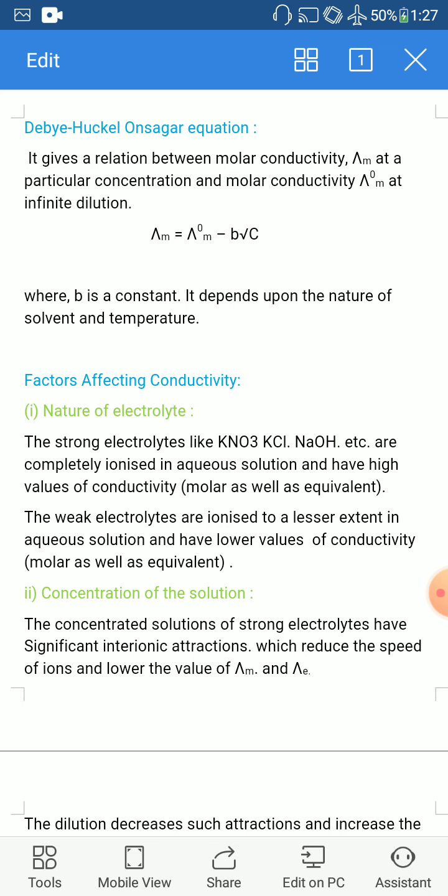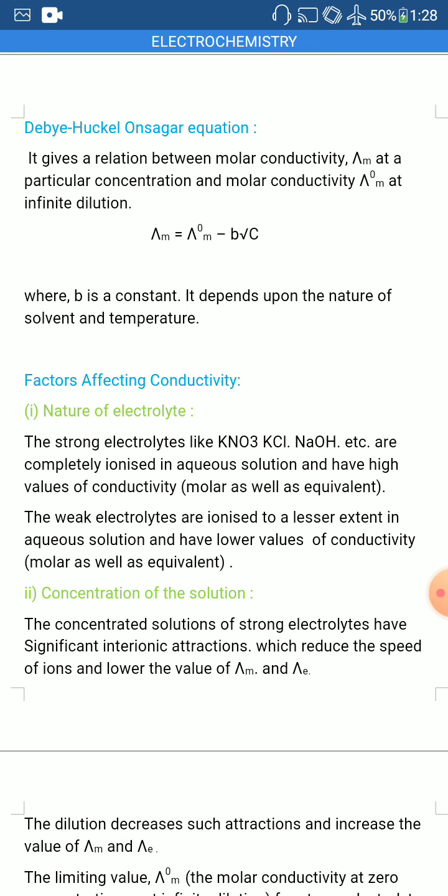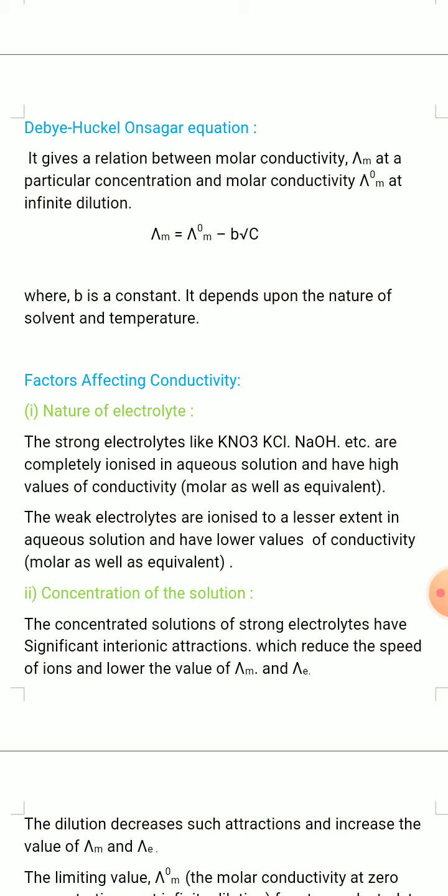Second, concentration of solution. The concentrated solution of a strong electrolyte has significant interionic attraction, which reduces the speed of ions and therefore lowers the value of lambda m and lambda e.